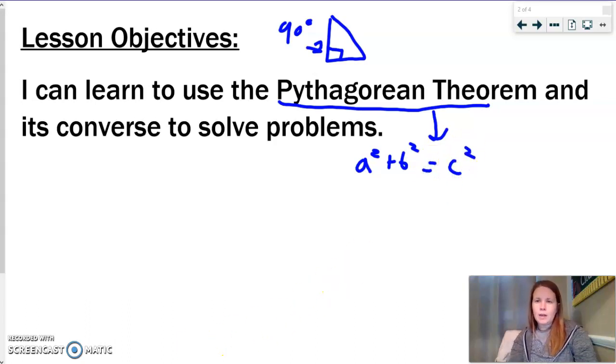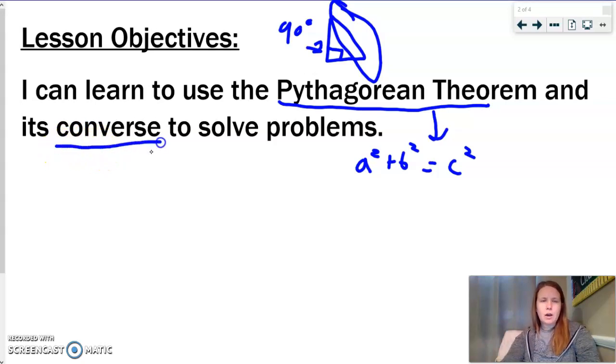When I solve that out, that means the legs squared plus the legs squared equals the hypotenuse squared. Remember, your hypotenuse is the longest side of that triangle, which is always going to be opposite of that 90-degree angle.